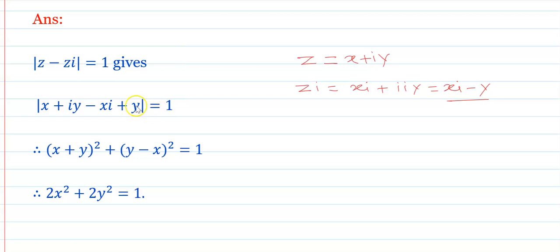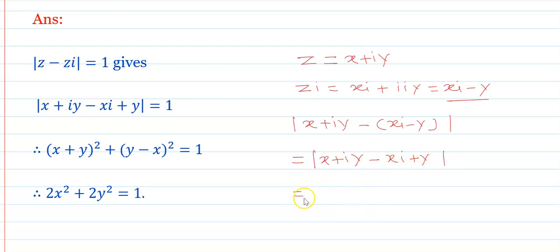And therefore z minus zi. जर आपण इथे मायनस साइन जर इथे केले, that is this is the z means what? x plus iy minus in bracket xi minus y. Okay. If you open this bracket, then what you will get? x plus iy minus xi and plus y.